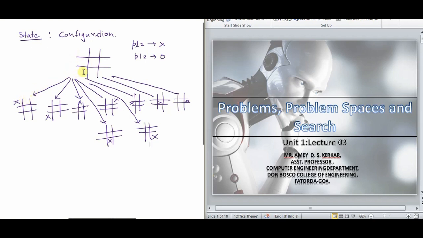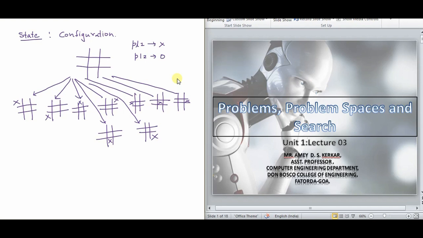After player X plays a move, the configuration changes to this current configuration where the first cell is already marked, and there are 8 other cells left to be marked. Since all the cells are blank, player 1 can mark X in any one of these 9 cells. So from this initial configuration, there are 9 ways player 1 can mark.